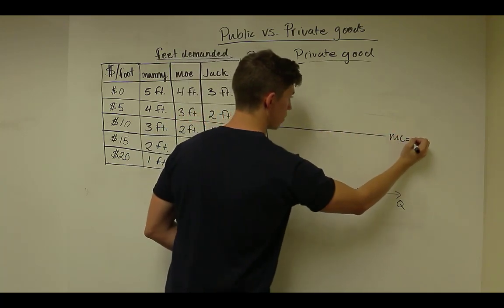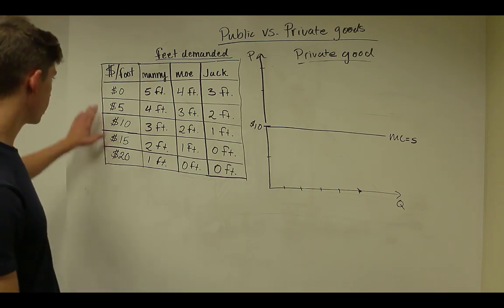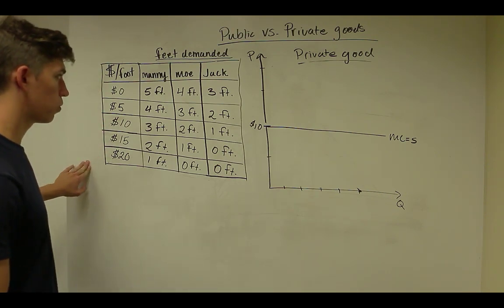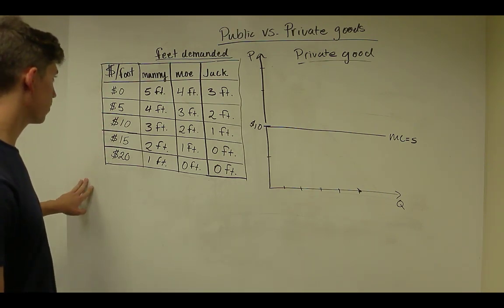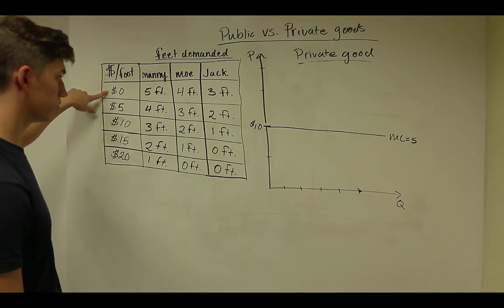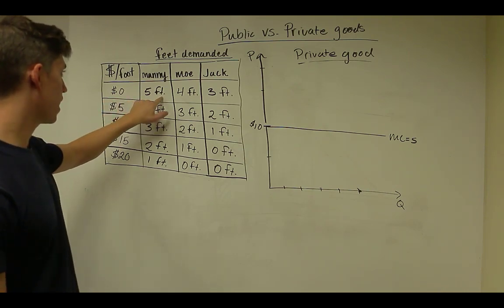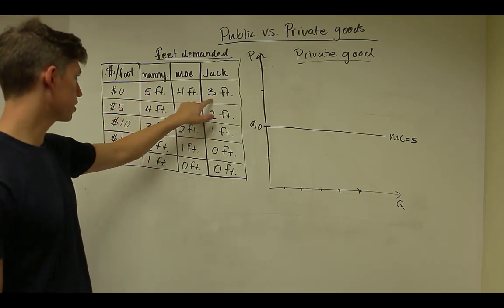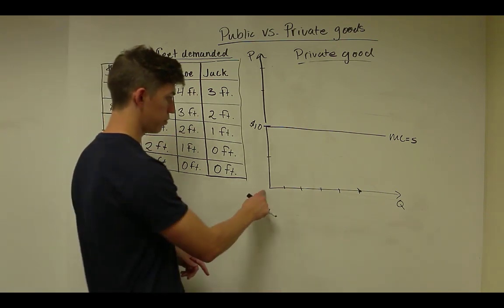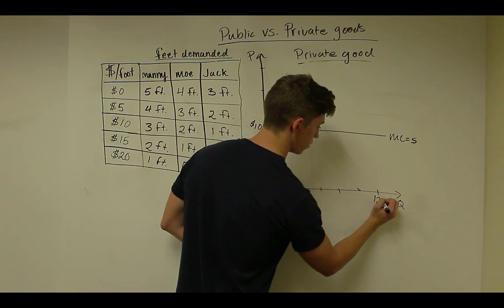The other problem was 30, now it's 10. Now we have to check at each price what the total demand is. At a price of 0, the total demand is going to be 5 feet plus 4 feet plus 3 feet, so 12 feet. So at a price of 0, we have 12 feet out here.